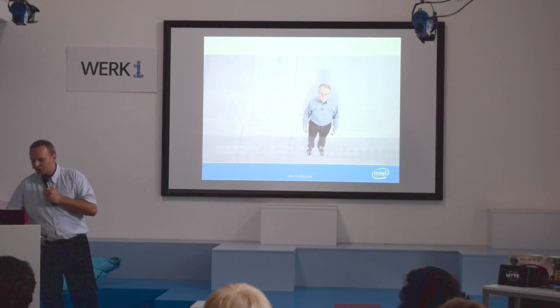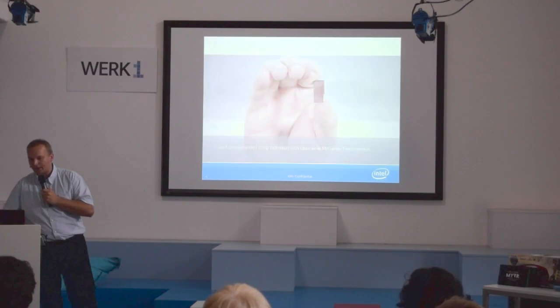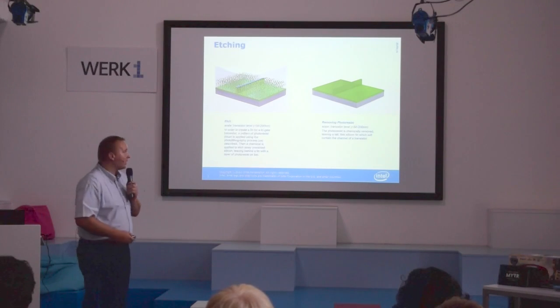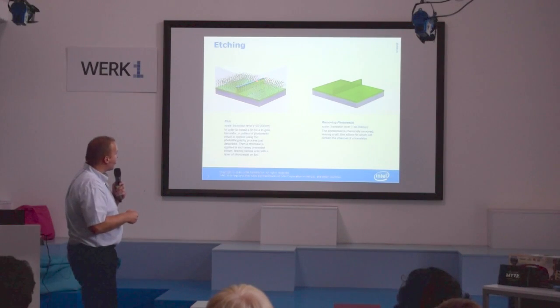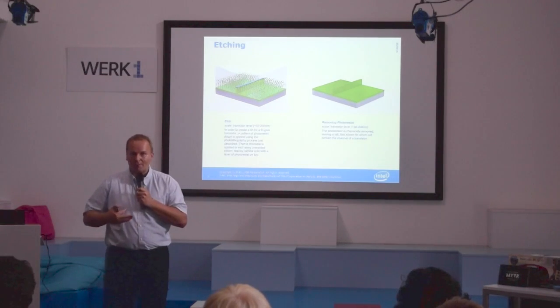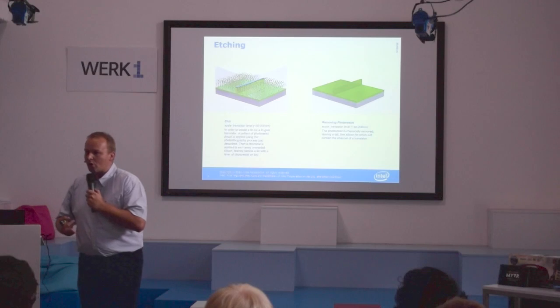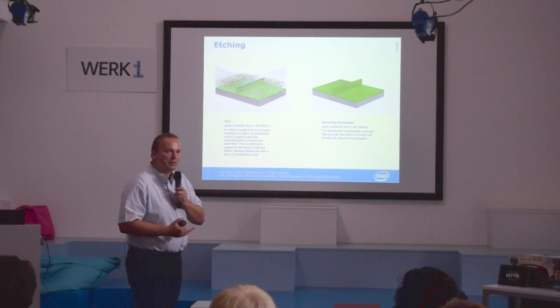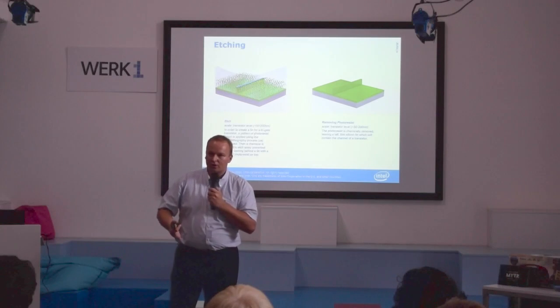Now, if we go through the different steps, and they're quite complicated, and I won't go into very much detail, but basically what we're doing in the next step is we're erasing parts of that wafer, so there's 3-dimensional structures growing. With the newest generation of our process, we actually build so-called 3-dimensional transistors.